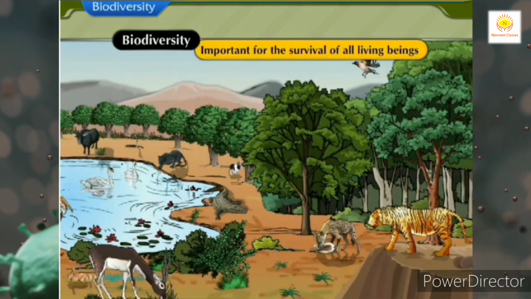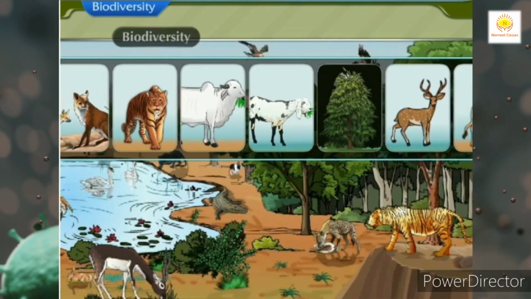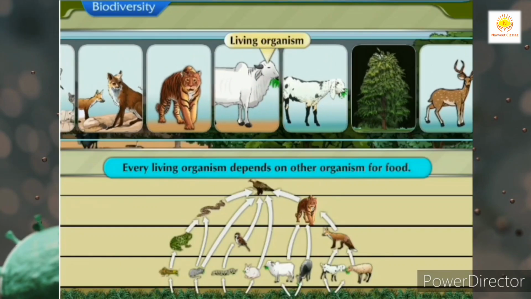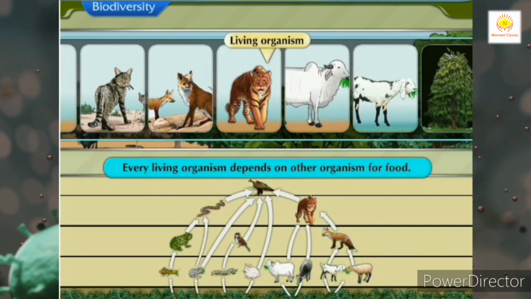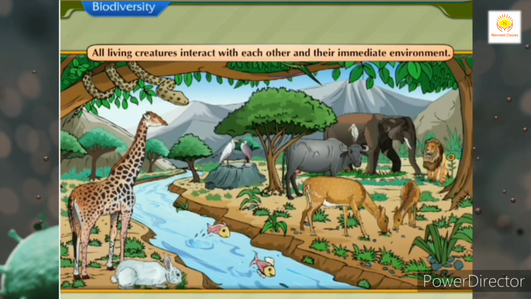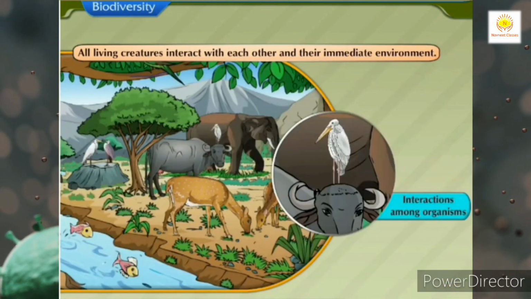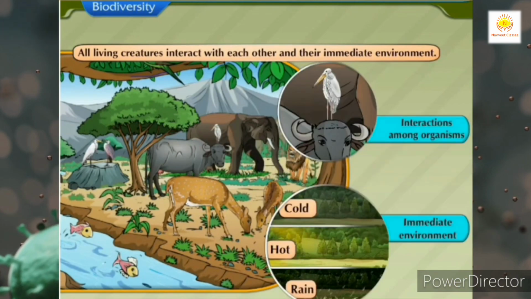Biodiversity is important for the survival of all living beings. Every living organism depends on other organisms for their basic necessity, food. All living creatures are supported by the interactions among organisms and their immediate environment.